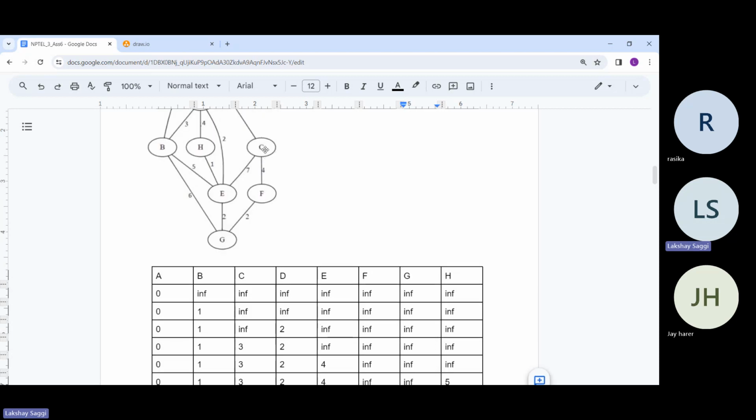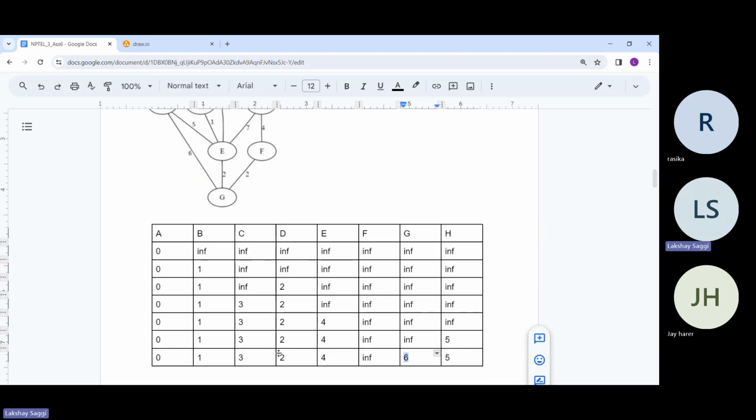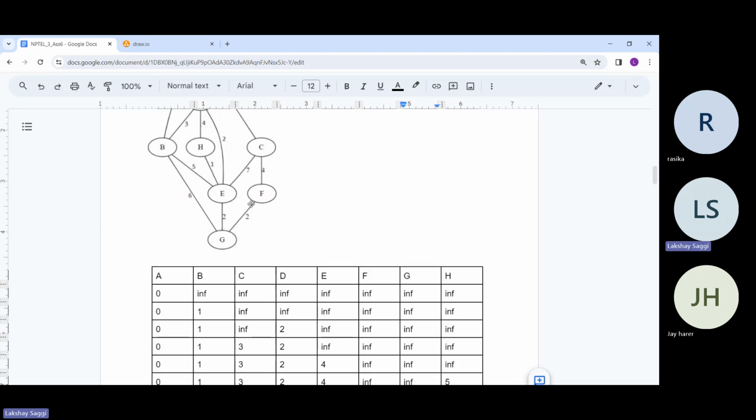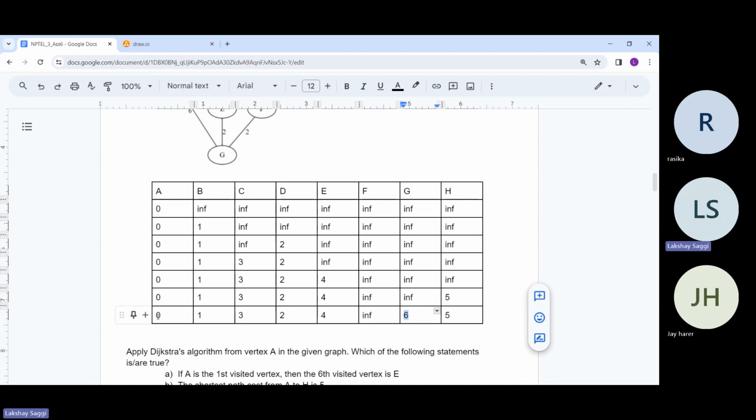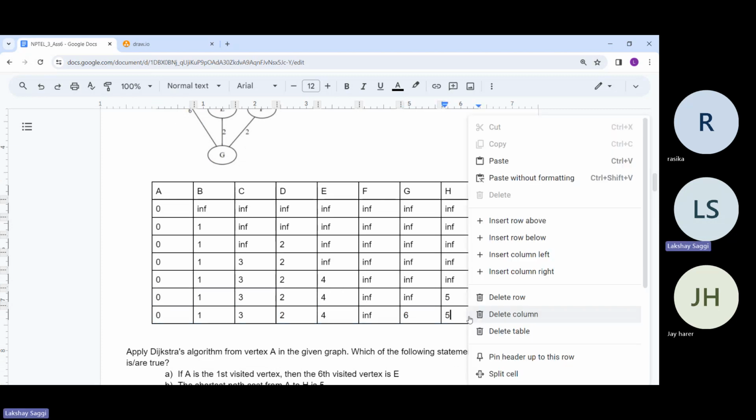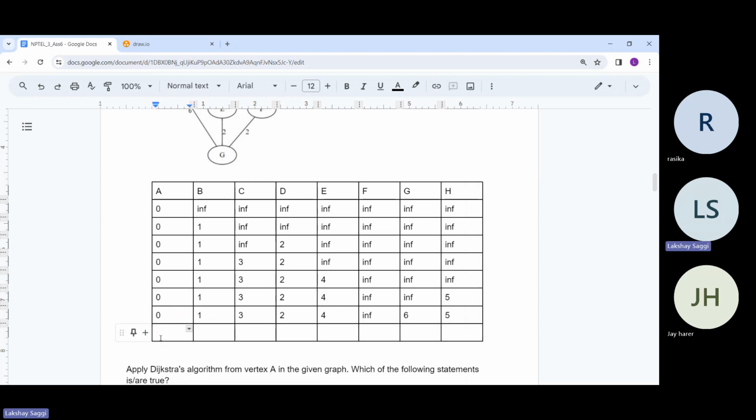Whereas if it takes the path from C to F, C had a distance of 3 and the C to F edge has a length of 4, so this path will be 3 plus 4, which is 7. And 7 is less than the 8 length path here. So F will be at a distance of 7 via the path through C. I hope everyone was able to follow that. Here we fix the distance of F as 7.